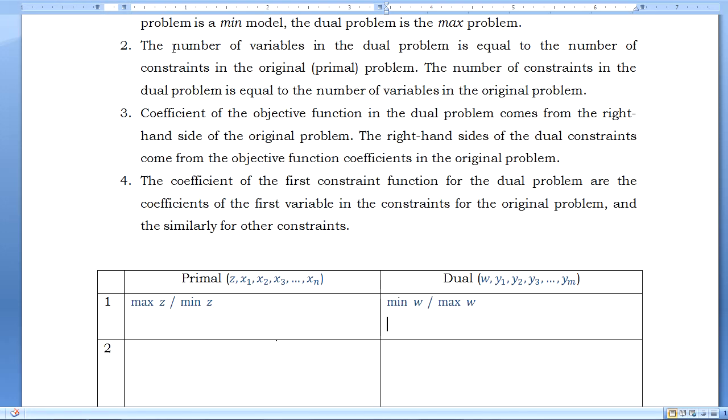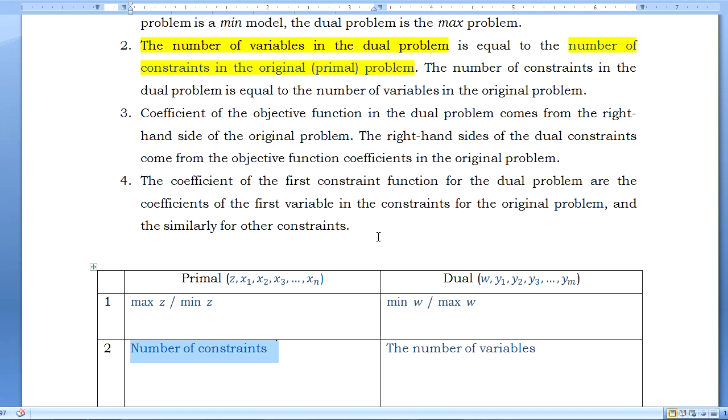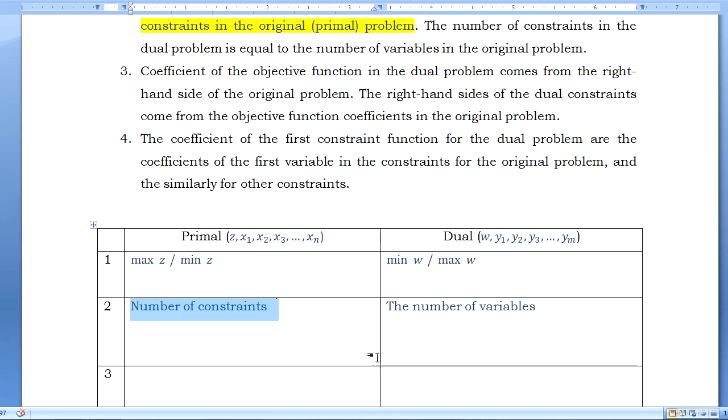Next, the number of variables in the dual equals the number of constraints in the primal. Okay, we write this information in this table. The number of variables in the dual equals the number of constraints in the primal, while the number of constraints in the dual equals the number of variables in the primal. Okay.